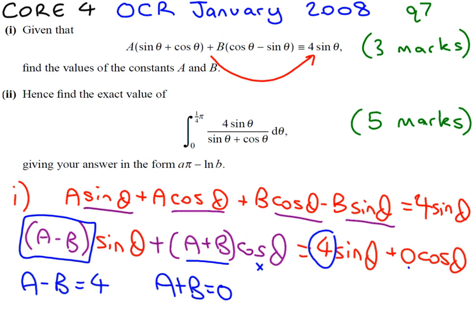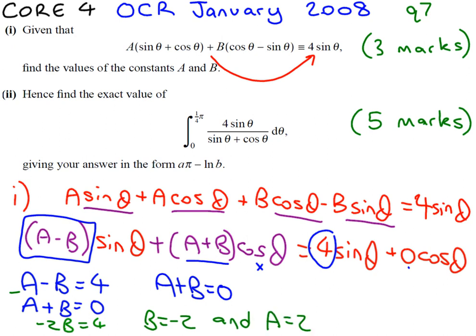A is negative B, and A minus B equals 4. If we go back to GCSE style for a second, solve these two simultaneous equations by taking them away. So we get minus 2B equals 4, aka B equals minus 2, and A must then equal 2.